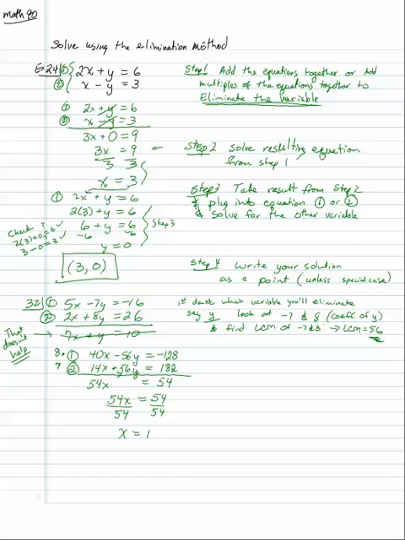Now step 3. This was my step 1. Now step 3 is take that result, x equals 1, plug it into equation 1 or 2 to solve for y. So let's put it in equation 2. 2x plus 8y equals 26.